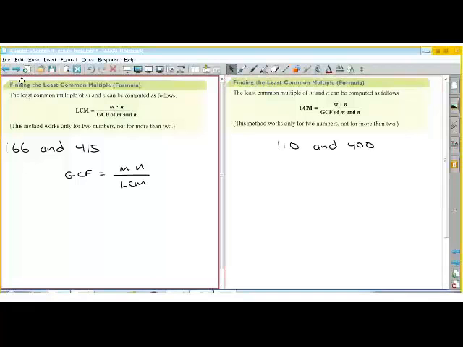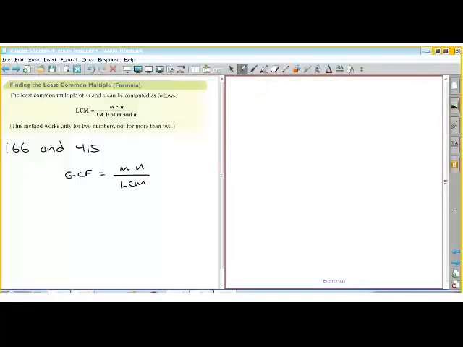So I'm going to do the greatest common factor quickly so that we can get an answer. Let's actually do it using the second method. So you've got 166 and 415.